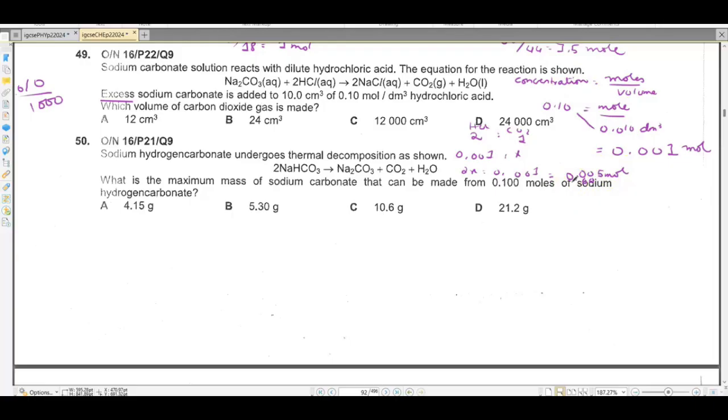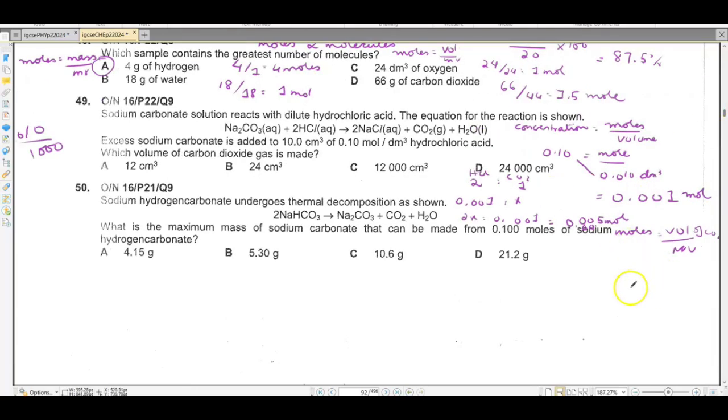So now we can easily find its volume by using the formula moles is equal to volume of CO2 by molar volume. So we have our moles to be 0.0005, and the volume, since the answer is in centimeter cubes, we can use 24,000 centimeter cubes over here. So this multiplied by this gives an answer of 12 centimeter cubes. So A is our correct option.